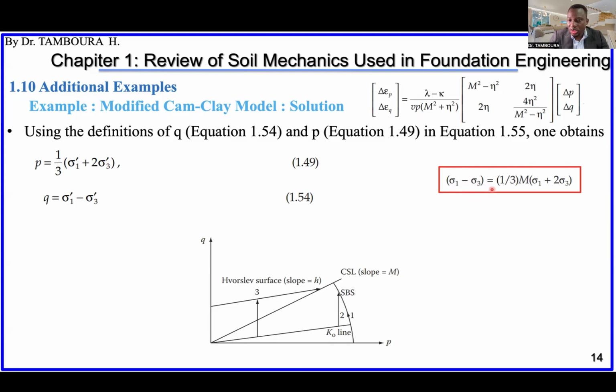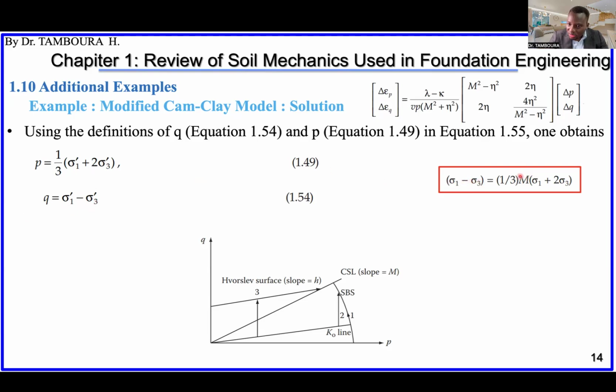Yeah, so you can see that this 1/3 sigma 1 plus 2 sigma 3 is just the P here. Okay, and this one, there is no modification at all, sigma 1 minus sigma 3. This is this one.